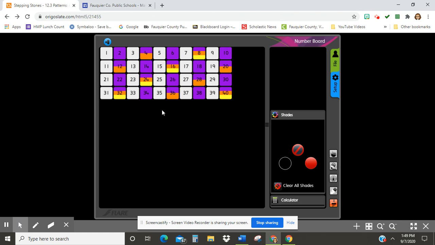Those are all patterns. How cool. That's something to think about when you're doing your multiples of 8 or multiples of 2 or multiples of anything. They're all even numbers too. Pretty cool.